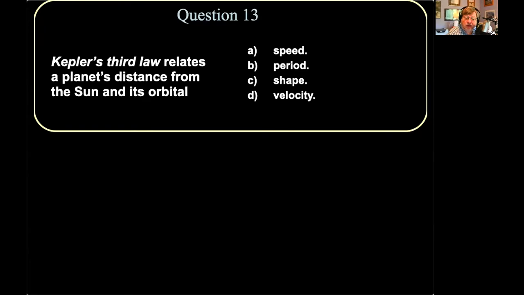Five, four, three, two, one. And the third law most definitely is about the period, although you could make the argument for the others, it's really about the period.